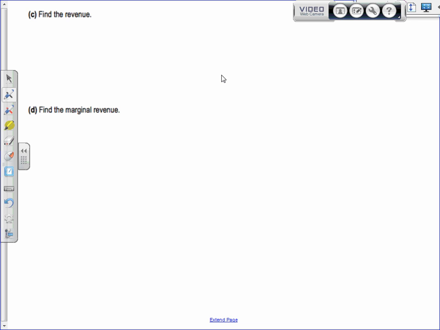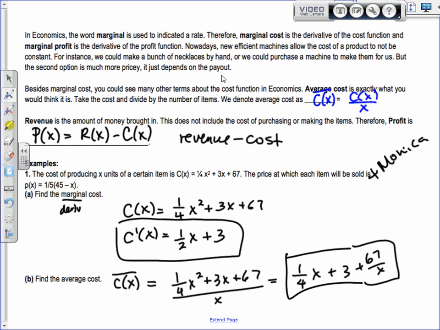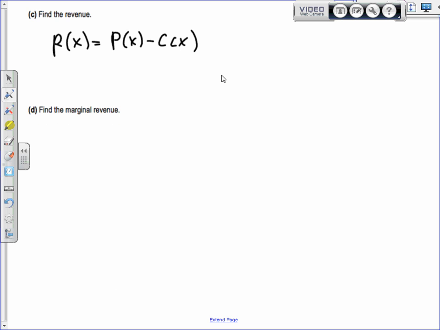All right, so find the revenue. So your revenue is going to be profit minus cost. Okay, so we need the profit equation. It says the price that we're selling each item is 1/5 times 45 minus X. That's little p.